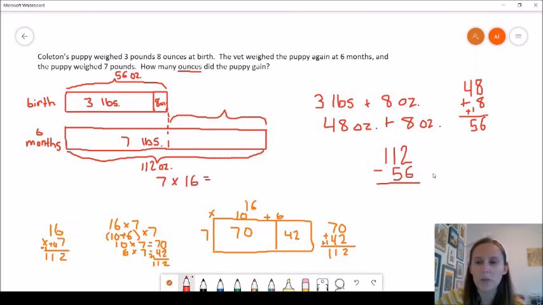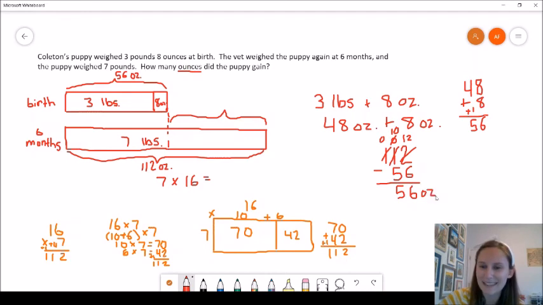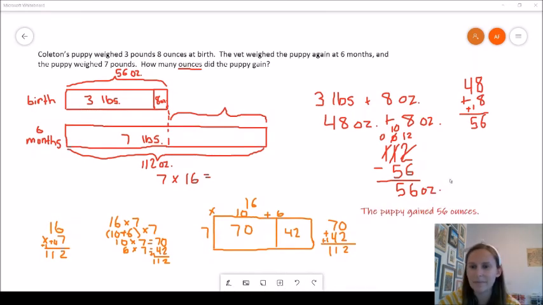We want to do 112 minus 56. 2 ones minus 6 ones, I can't do that, so I'm going to need to unbundle a 10 for 10 ones. I already have 2 ones, so that is 12 ones. 12 minus 6 is 6. I can't do 0 tens minus 5 tens, so I'm going to unbundle a 100 for 10 tens. 10 tens minus 5 tens is 5 tens. So it looks like the puppy gained 56 ounces. So here is my answer. The puppy gained 56 ounces.